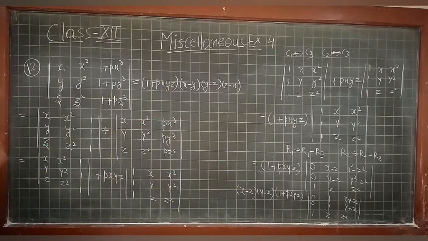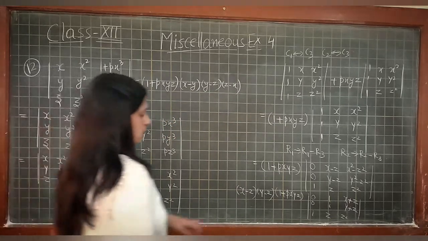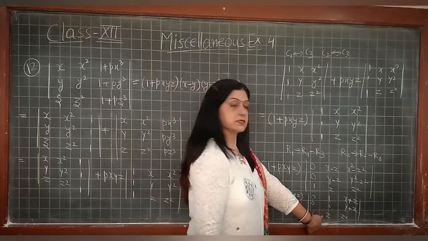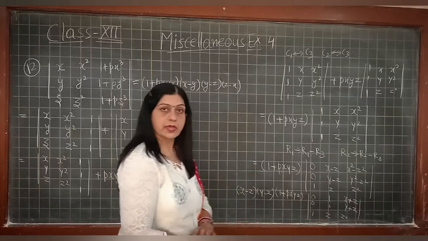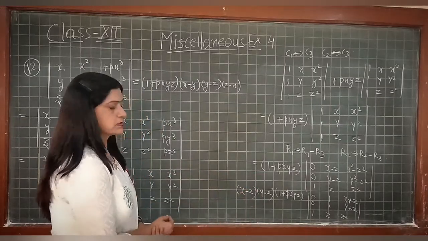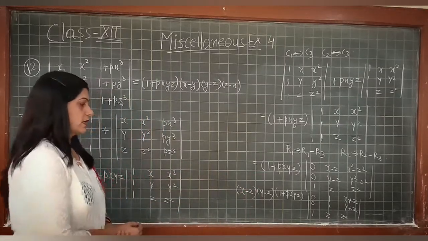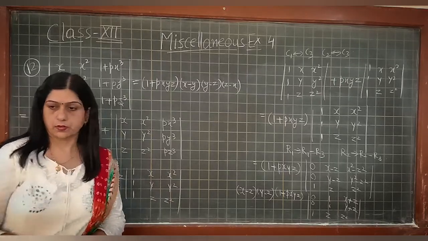Okay. So now you can expand about this C1 to get the proof. Okay. Because we have two zeros in C1, so I could expand about C1.